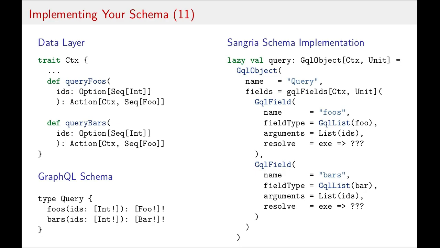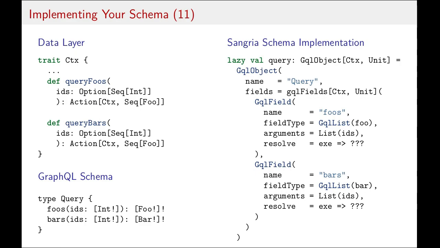Here we start defining the foos field. The foos field has a name, foos. Its type is a GraphQL list of foo. These are both required, so it's a GraphQL list, and we don't have to say it's optional or anything like that. That gives you a GraphQL list of lowercase foos, which was the value we defined earlier. Then the arguments that get passed.